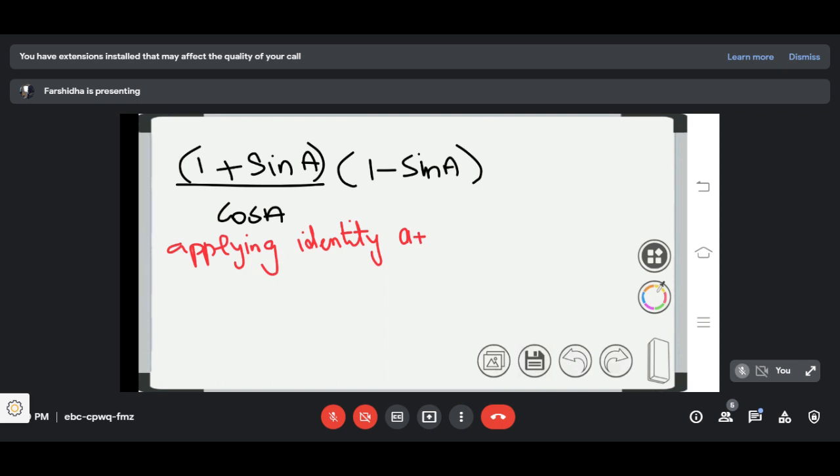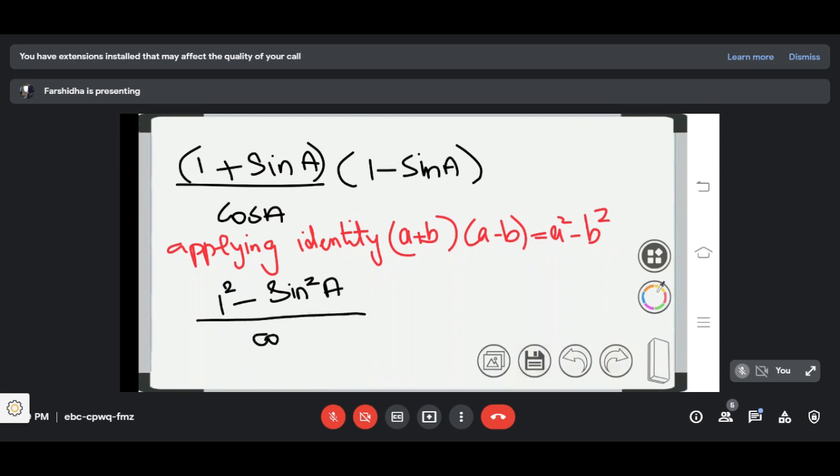A square means 1 square, minus b square, that is sin square a, divided by cos a.